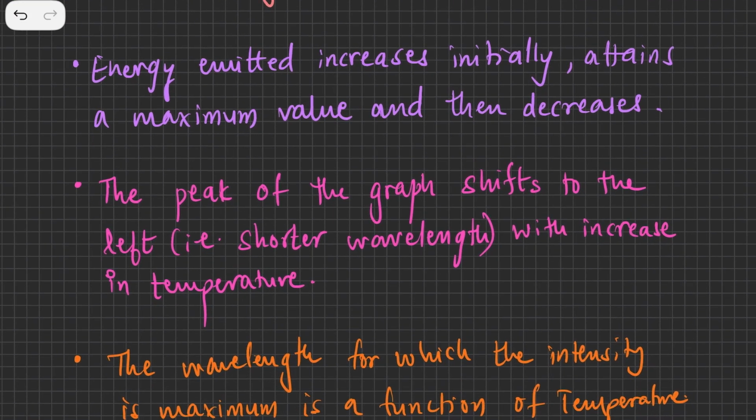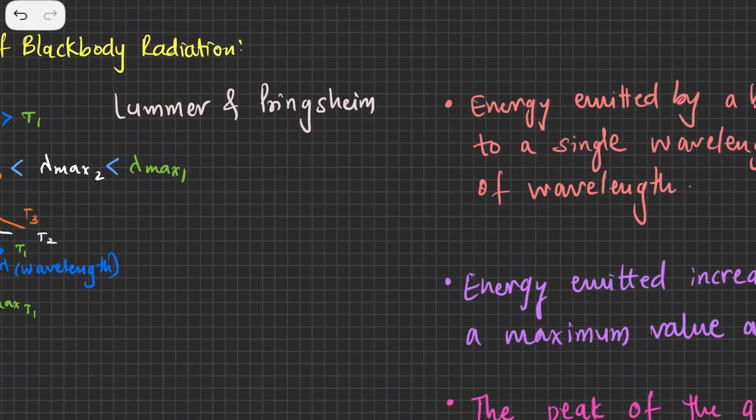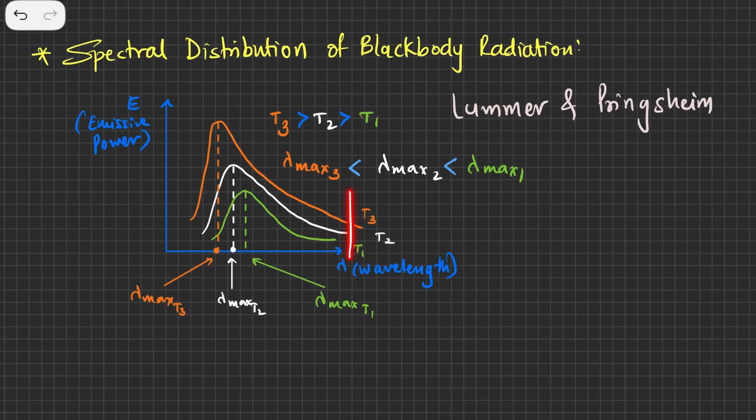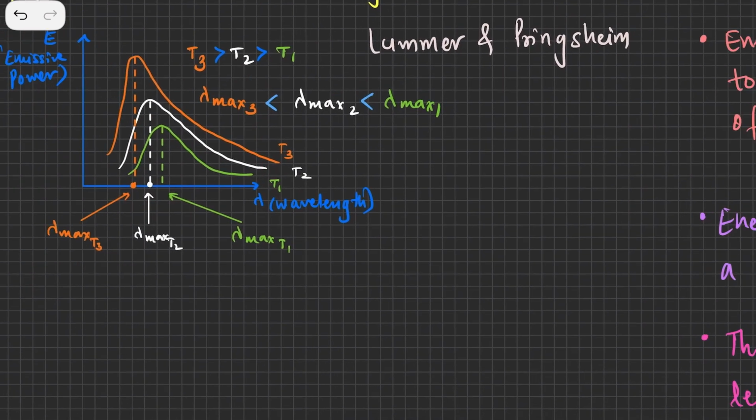And the third observation is the peak of the graph shifts to the left, that is towards the smaller wavelengths, with increase in temperature. So if you can see in this graph, as the temperature increases, the peak shifts to the left.